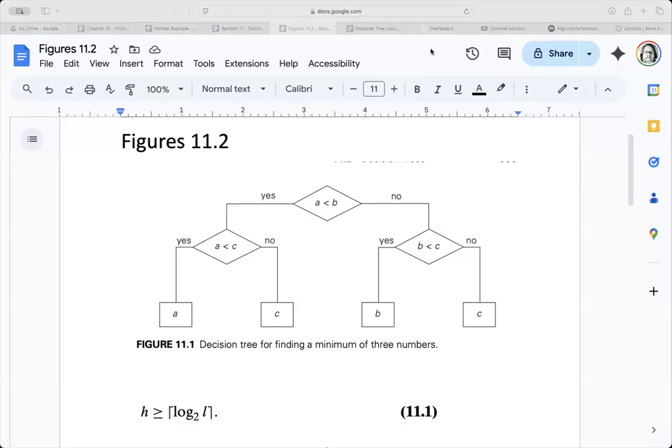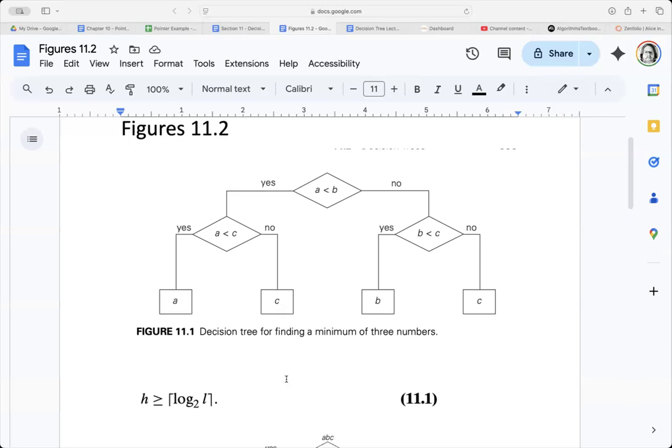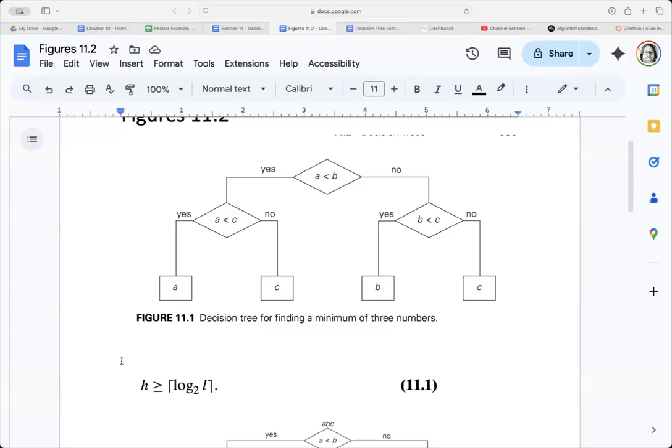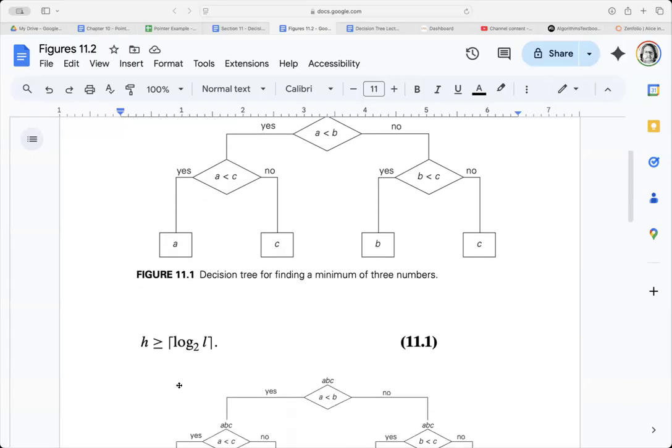The outcomes are represented as leaves, which is what the L stands for. The leaf nodes are where you're going to find the answer. So this is going to become important as we look at things a little bit later.